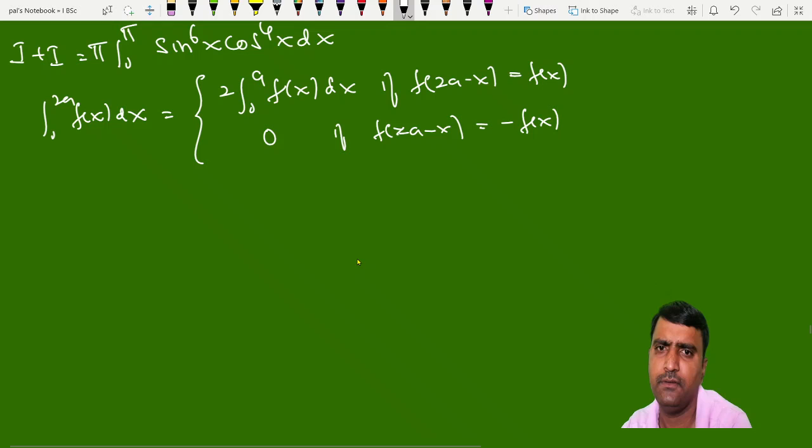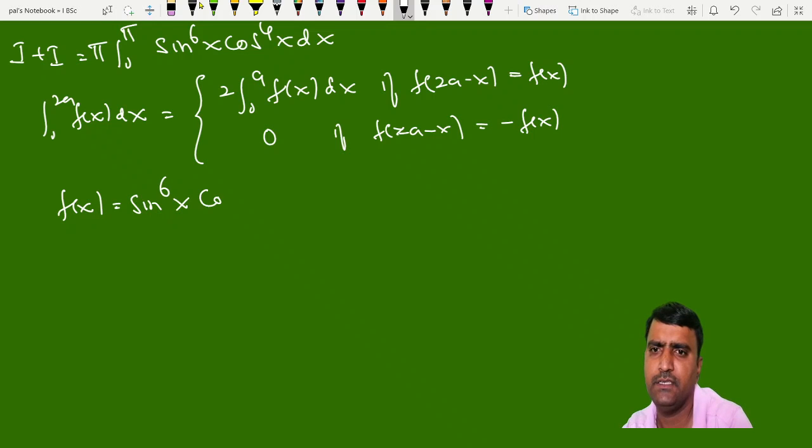So this is f of x, and it satisfies the first condition. Here f of x is sine to the power 6x into cos to the power 4x. F of 2a minus x, where 2a is pi, is sine to the power 6 of pi minus x into cos to the power 4 of pi minus x.